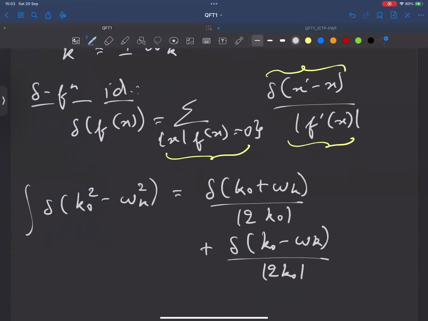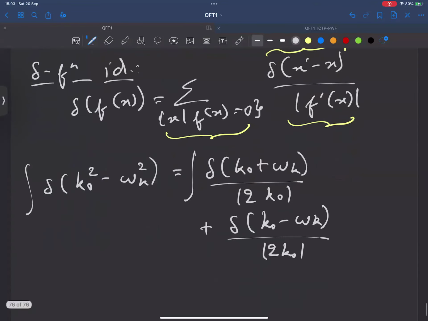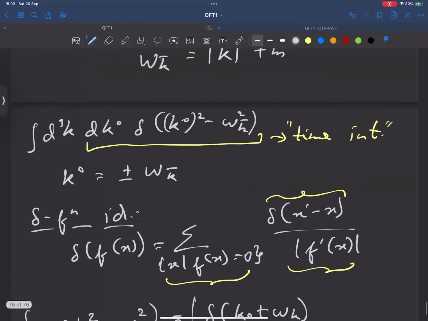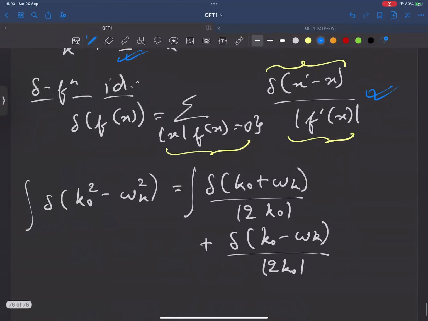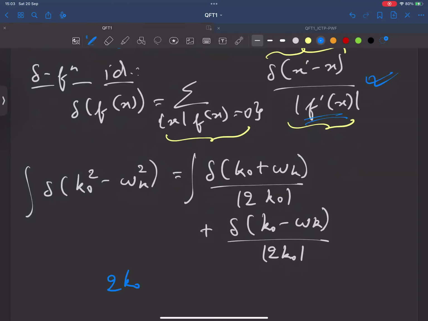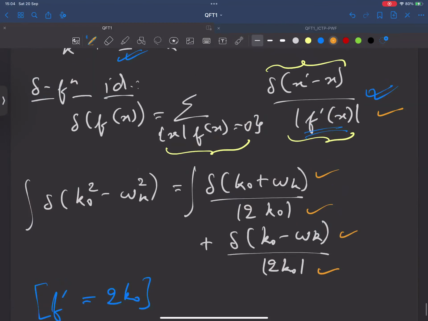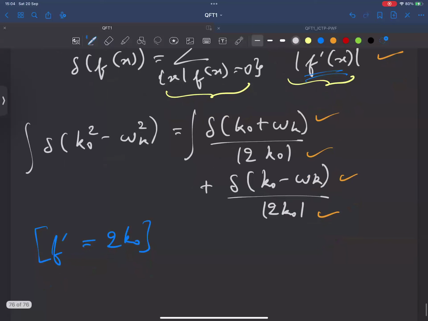Recall that there was an integral over all of this. So we break the thing like a square minus b square as a plus b and a minus b. So those are the two roots here. So using this relation, we break it into two parts. And f prime here in this case is just 2k0. So that's why you get the denominator 2k0, and these are the two factors. And then you sum them using this identity. So I hope that's clear.